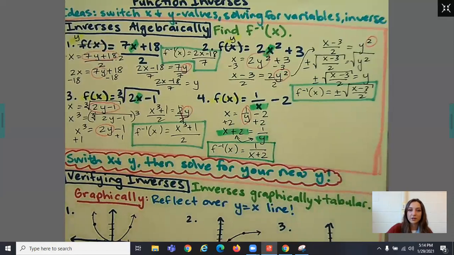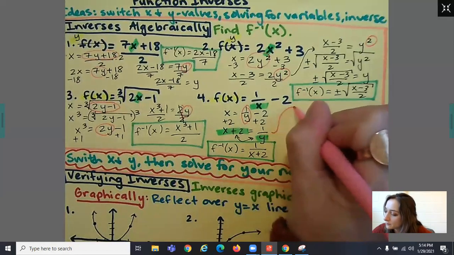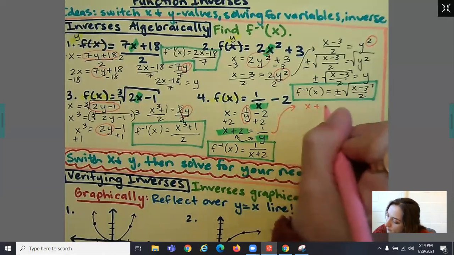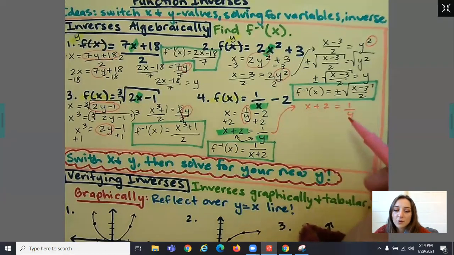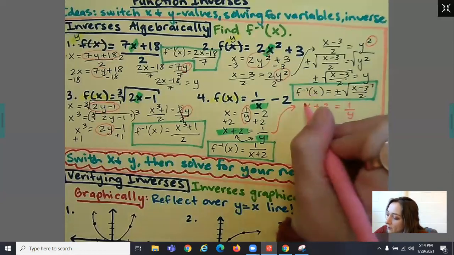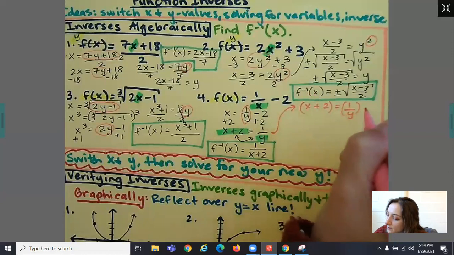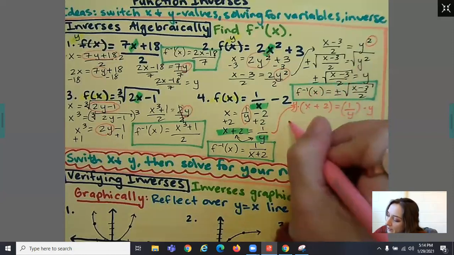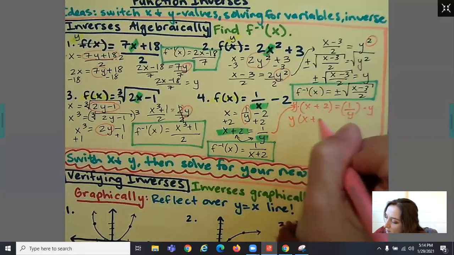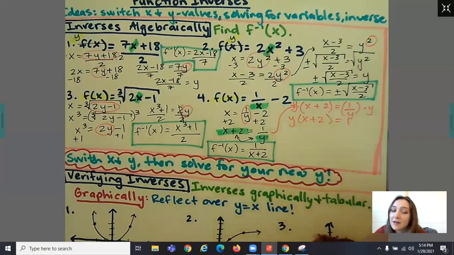So let's come over here, a little side note. If you have something in the denominator that you want to solve for, the only way that you can get it out of the denominator is multiplying both sides by that number or that variable. So I'm multiplying both sides by y, so we're going to get y times (x plus 2) equals 1.